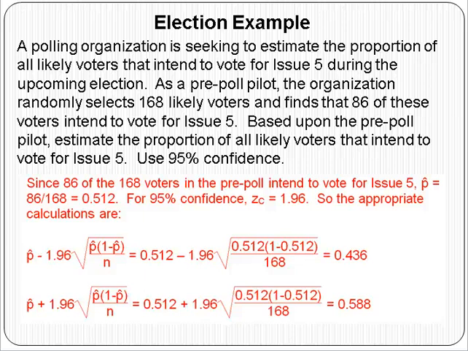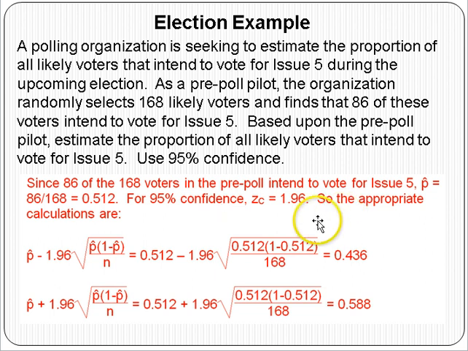Since 86 of the 168 voters in the pre-poll intend to vote for the issue, p hat, which is the sample proportion, is 86 divided by 168, or 0.512, 51.2%. Since we're using 95% confidence, meaning we want to capture 95% of the data, we'll need to go up 1.96 standard deviations and down 1.96 standard deviations.